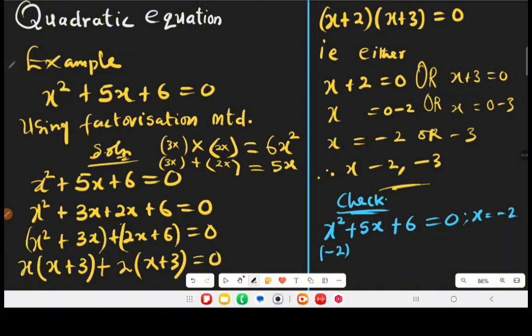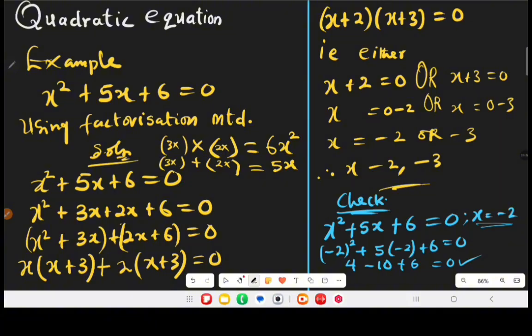Minus 2 in place of x, all squared, plus 5 bracket minus 2 plus 6, is it equal to 0? Minus 2 squared gives us 4. 5 times minus 2 gives us minus 10, plus 6. Is it equal to 0? Let's see. 4 plus 6 is 10. 10 minus 10 is equal to 0. So our answer is correct when x is equal to minus 2.